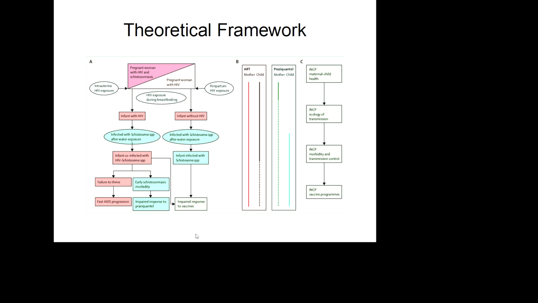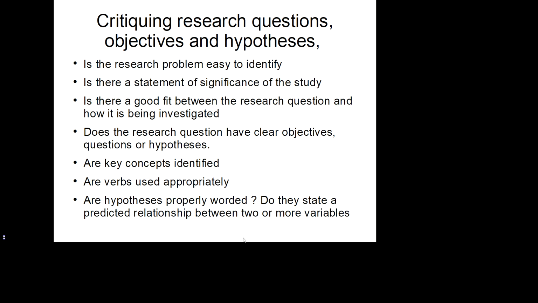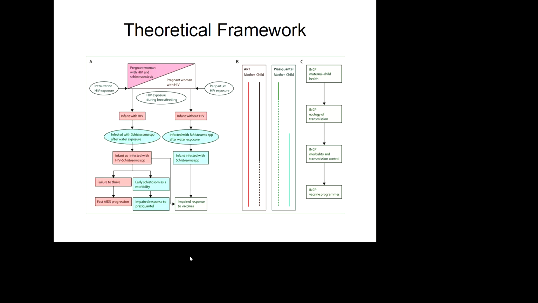An infant with HIV is likely to have failure to thrive and fast AIDS progression if they are not treated properly with praziquantel, versus an infant without HIV, which has a better clinical outcome. Sorry, with treatment, since both of these were treated.